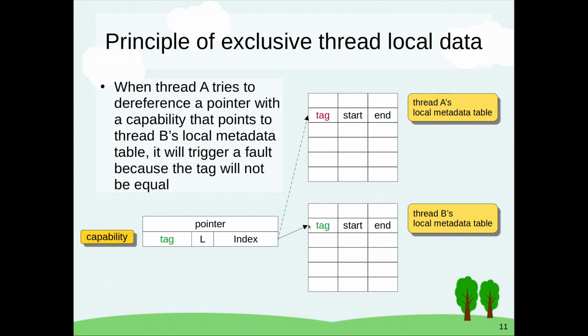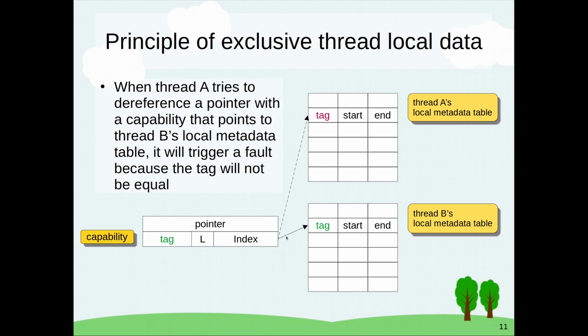So now let's see how it supports the principle of exclusive thread local data. As mentioned previously, this principle means that a thread can only access its own thread local data. It cannot access other threads' local data. So in this picture, you can see that the pointer is followed by a capability pointing to a local metadata table.